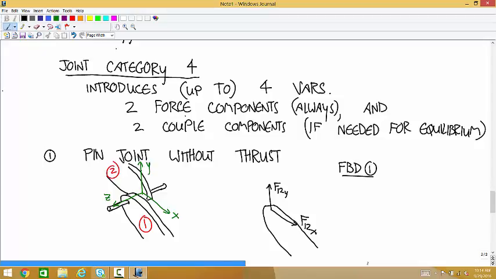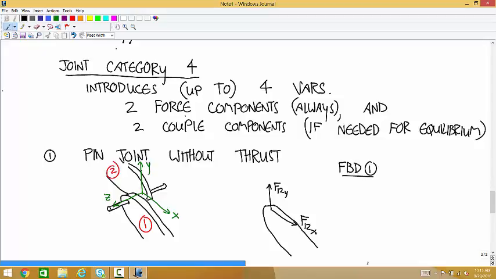We know that a pin joint allows a motion like this. Okay, we know it allows a rotation like this. So we know that there's no component of a couple parallel to that pin. Okay, but it doesn't allow rotation this way. Like it doesn't allow me to rotate this top piece out towards you. And it also doesn't allow me to twist the top piece.